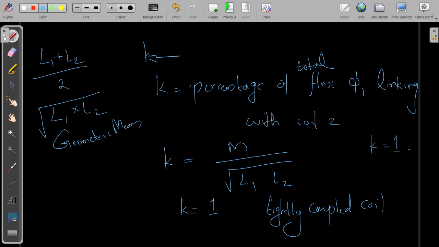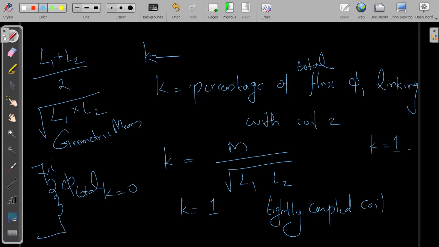And K equal to 0 means no portion, no percentage of the total flux produced by coil 1 is linking to the second coil. That means these are magnetically isolated. That means I have a coil here and a current I is flowing, flux phi total is produced.